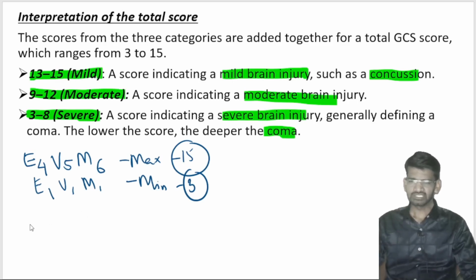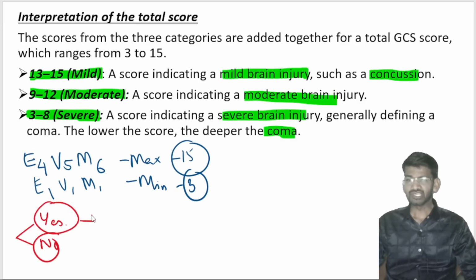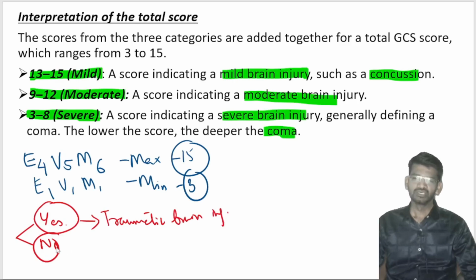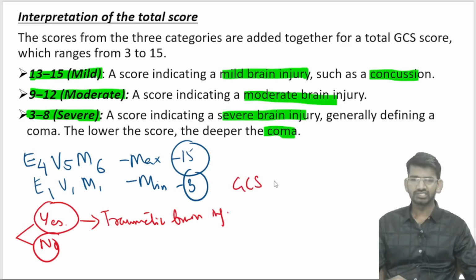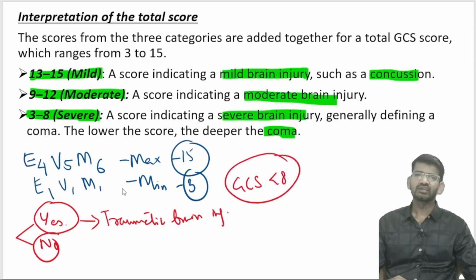See here, the question has both options, one is yes and another is no. Both answers are there, but it is yes only when there is a patient with traumatic brain injury. So definitely if the GCS is less than 8, it is definitely an indication for intubation in a patient with a traumatic brain injury or any trauma cases where the GCS comes less than 8, there we can consider the patient for intubation.